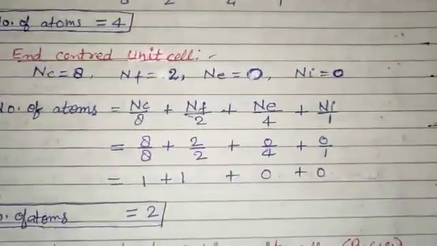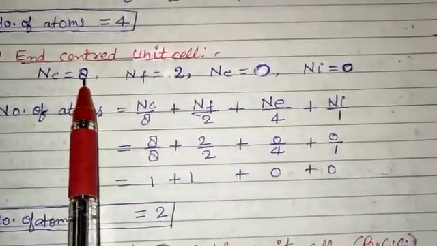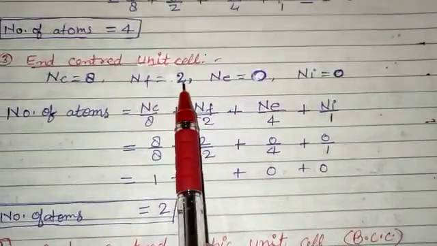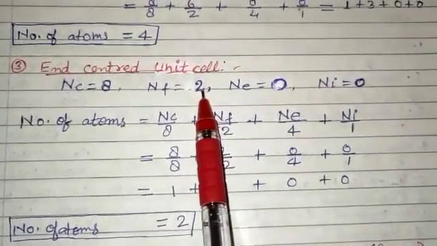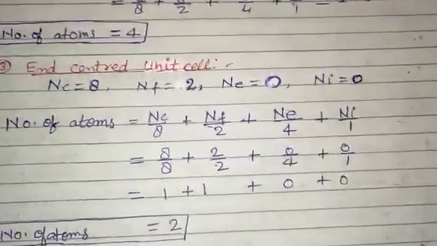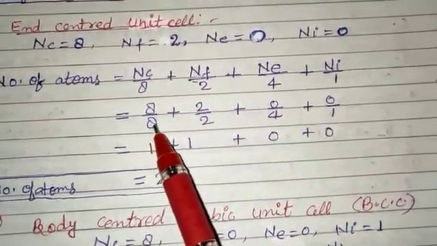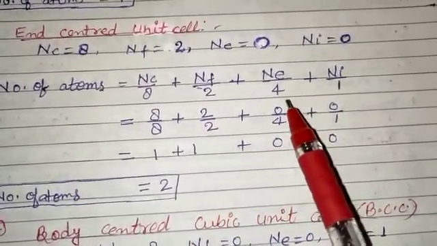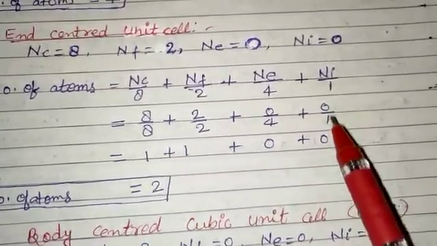In the case of the end centered unit cell, dear students, there are 8 particles present at the corner and 2 particles present at the centers of two opposite faces. So particles at corner divided by 8, particles at face divided by 2, particles at edges divided by 4, and particles inside the cell divided by 1.